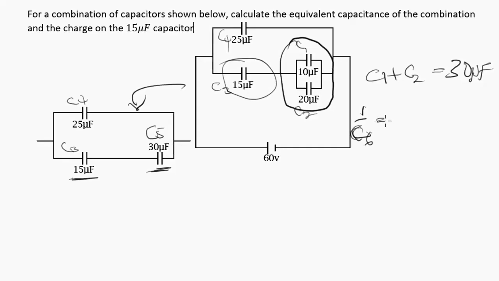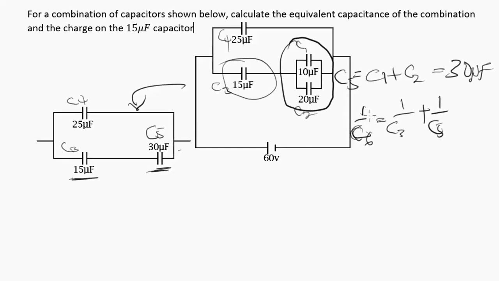So 1 over C6 will be 1 over C3 plus 1 over C5, where C5 is the one we got earlier by adding C1 to C2.